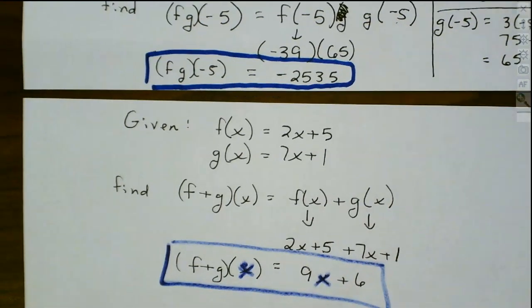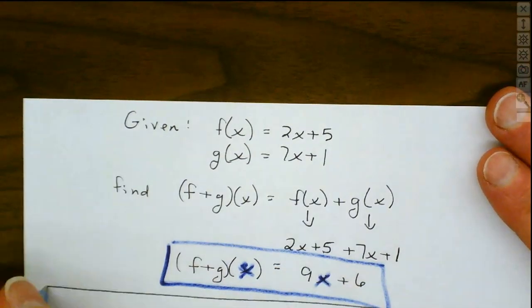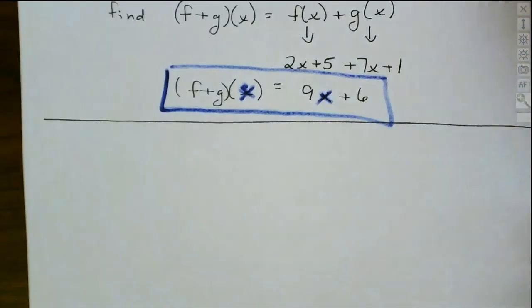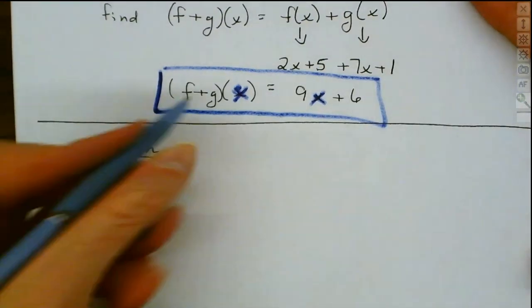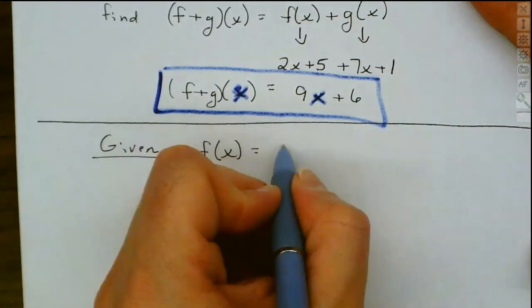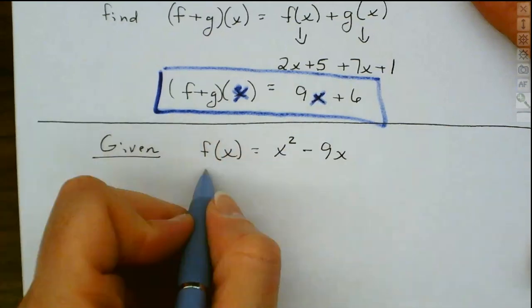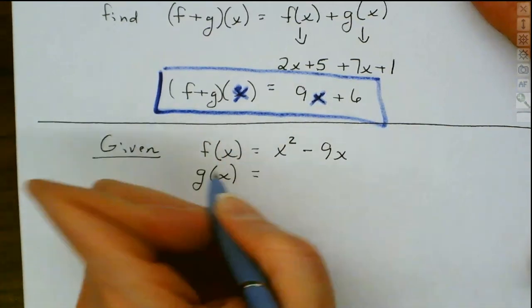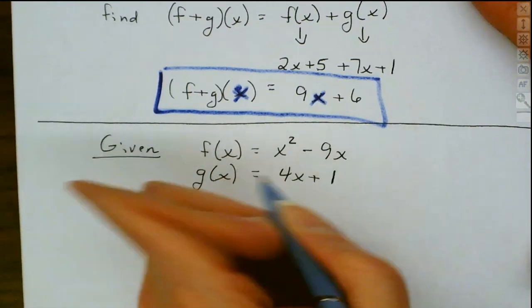Let's do subtraction, just so we remember how subtraction is going to work. Subtraction is a little bit confusing because you've got the parentheses. So two new functions. Let's say you're given f of x to be x squared minus 9x and g of x to be 4x plus 1.